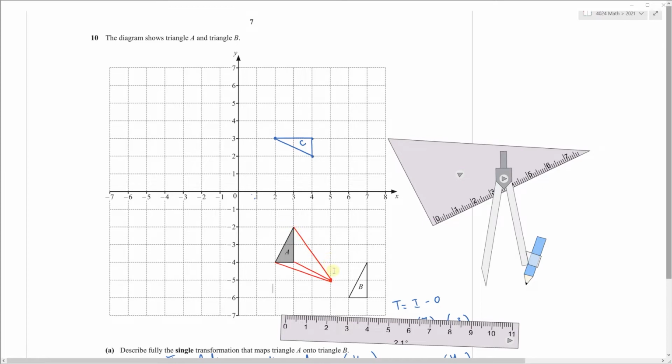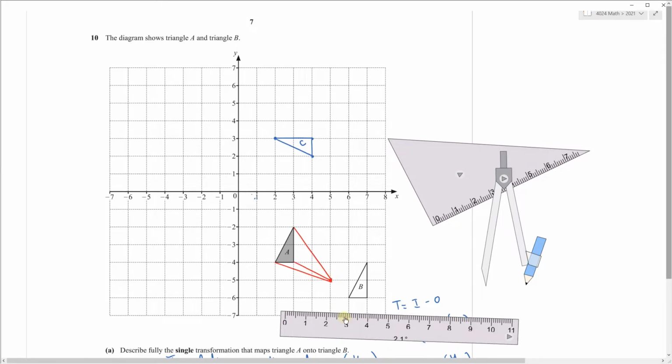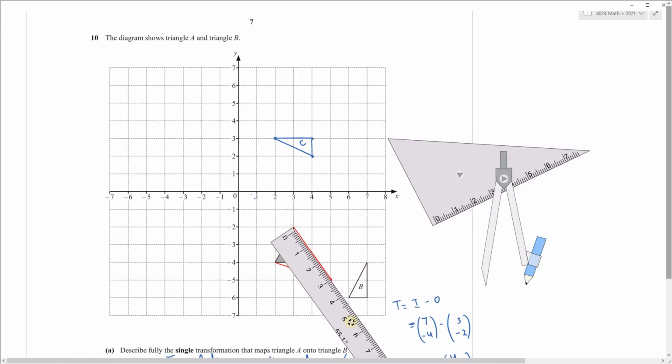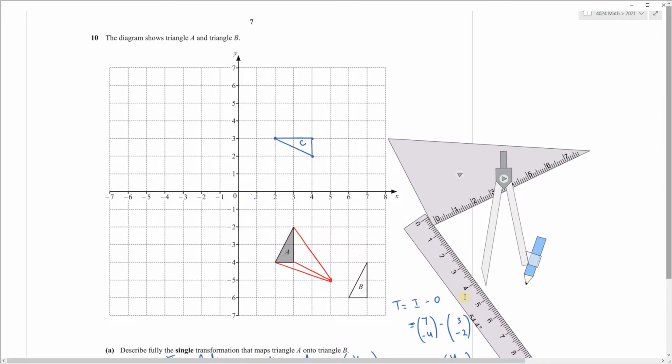So let me measure this. This is almost 3.2 centimeters. Let's call this P. P prime will be 3 times the distance of P from your center of enlargement. So this is 3.2. You'll go another 3.2 in the same direction, and then you'll go another 3.2.